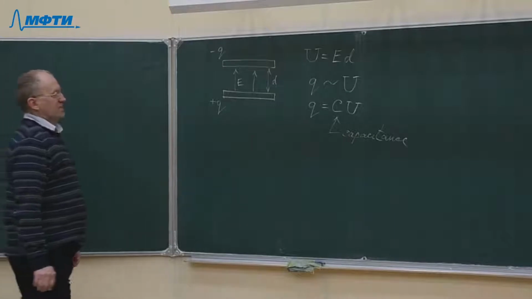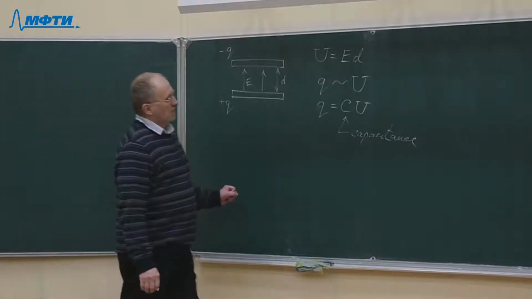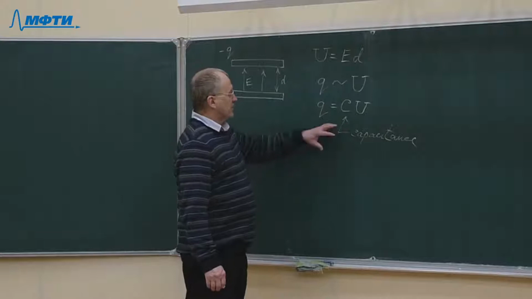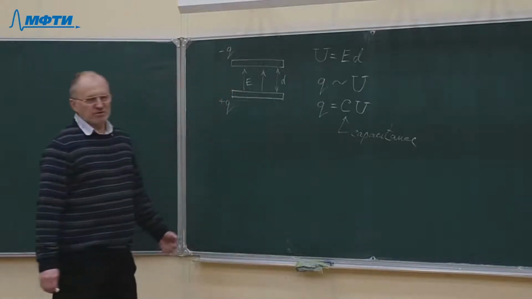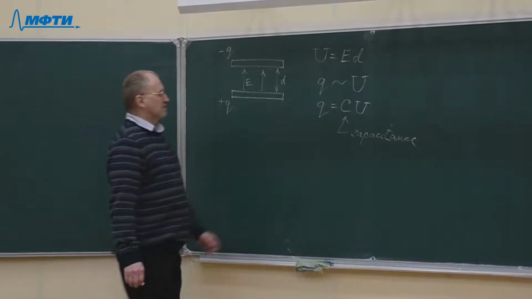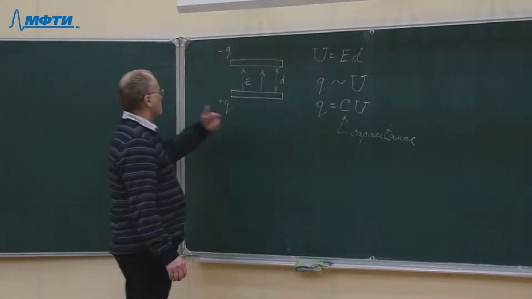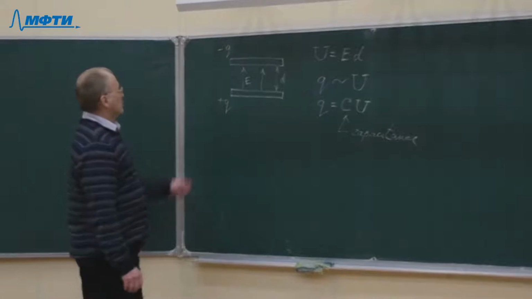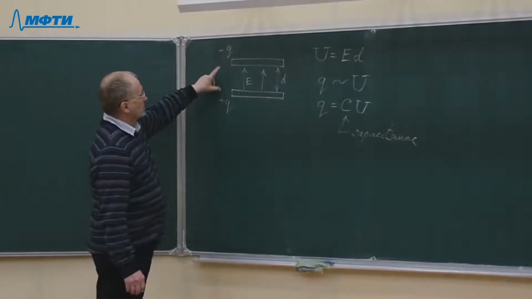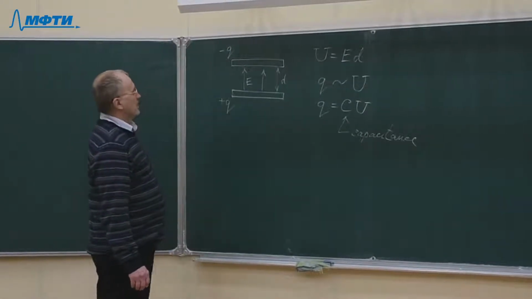Now we will discuss in a few words how this capacitance can be calculated for different sorts of capacitors, and how this quantity depends on the geometrical shape of the plates of the capacitor and on the dimensions of the capacitor.